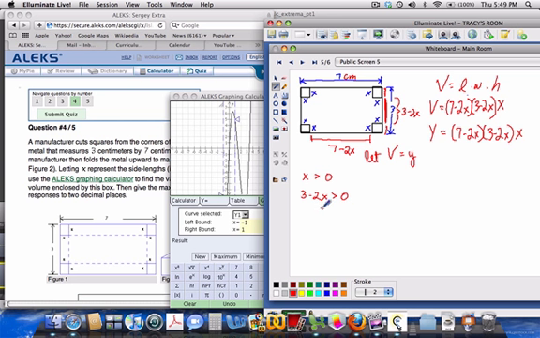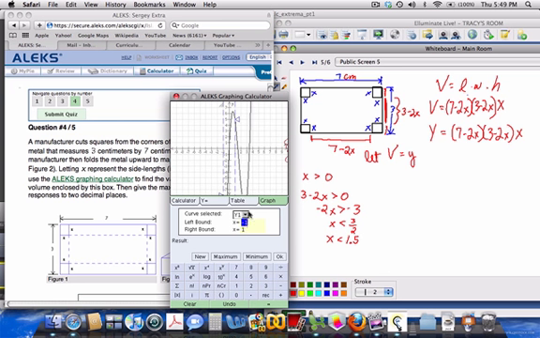And so if you solve this, you're going to subtract 3 from both sides and divide both sides by -2. You get x is less than 3/2, which is 1.5. Okay, so that's going to be our left boundary is 0 and our right boundary is 1.5.